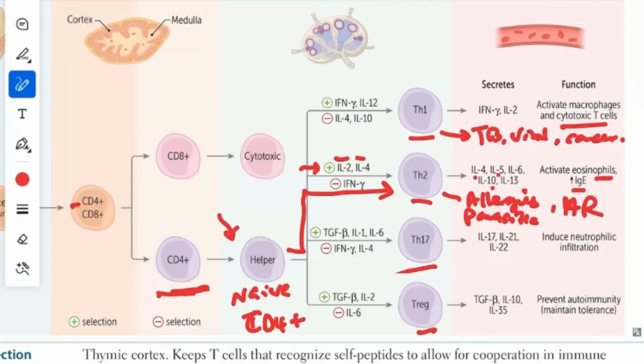Depending on the signal it gets, it will determine its action.